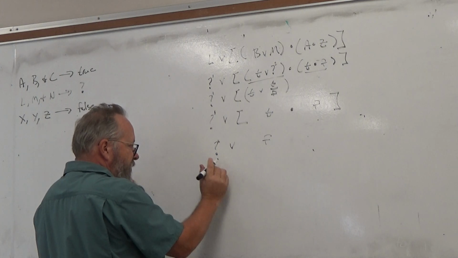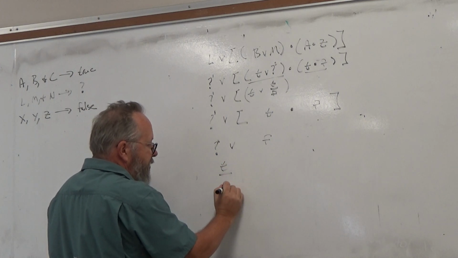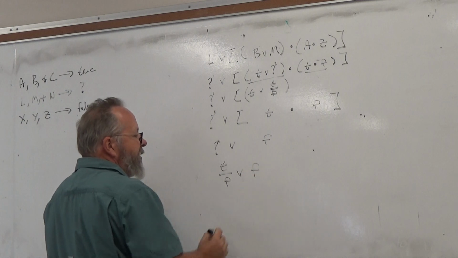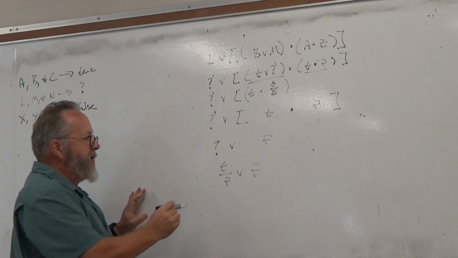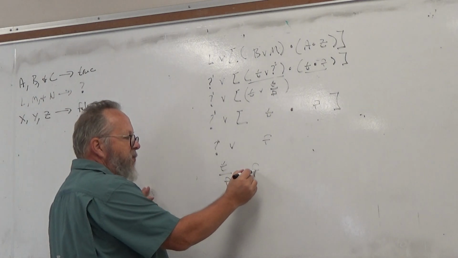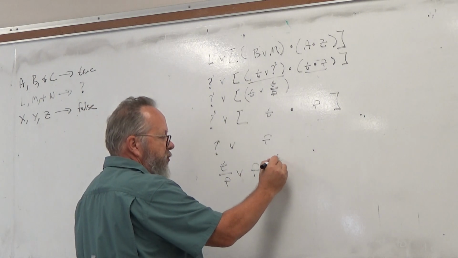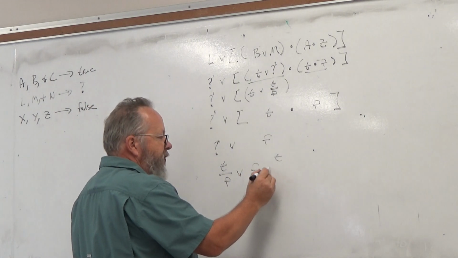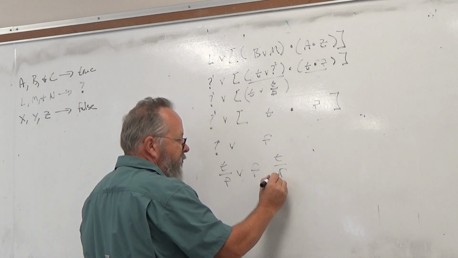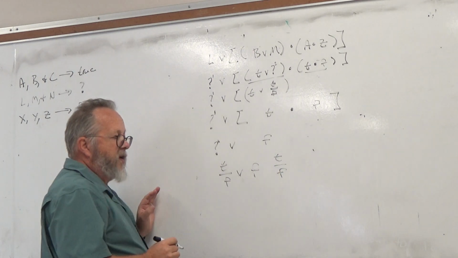Well, this unknown could be true or it could be false. Let's think about what happens in either case, okay? True or false is what? True. And false or false is false.